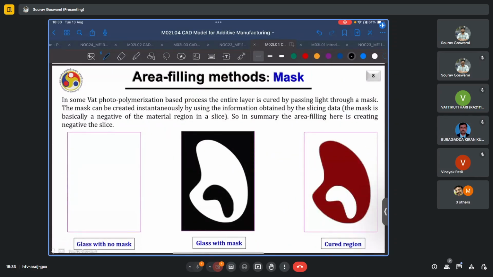Another area filling method is by using a mask. So in some wet photopolymerization based processes, the entire layer can be cured by passing light through a mask.